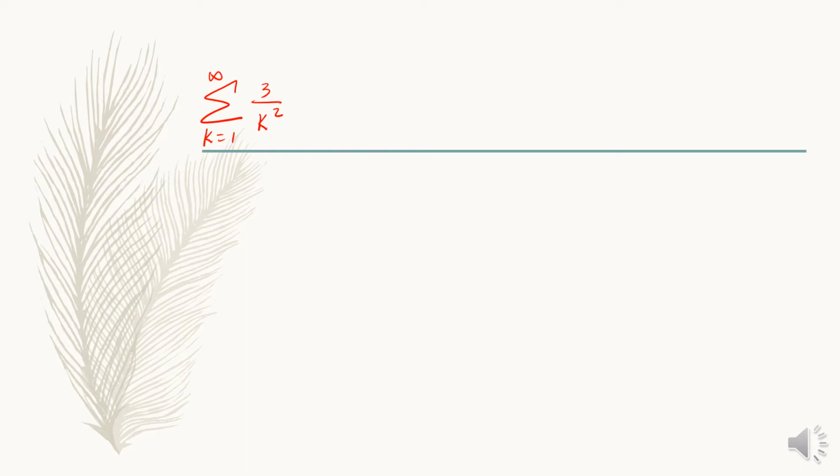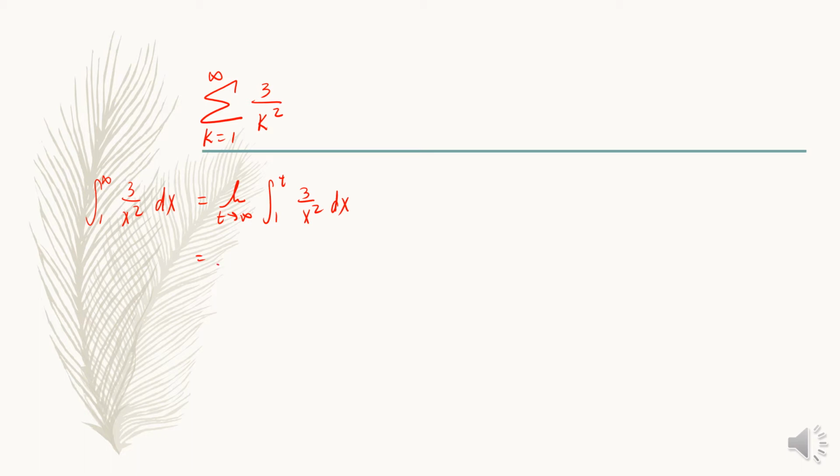So for the integral test, you just turn that k into an x, and then integrate. So this is an improper integral. I'm going to say this is the limit as t approaches infinity of the integral from 1 to t of 3 over x squared dx. So I've replaced that infinity with a t.